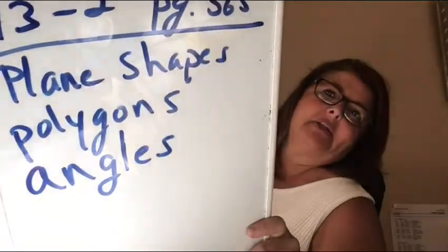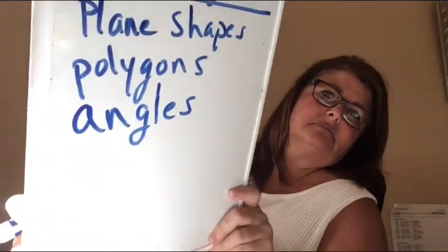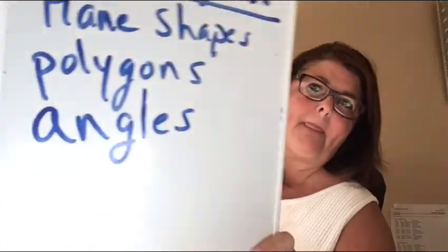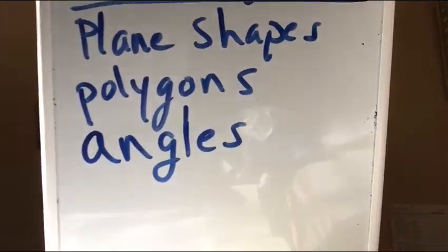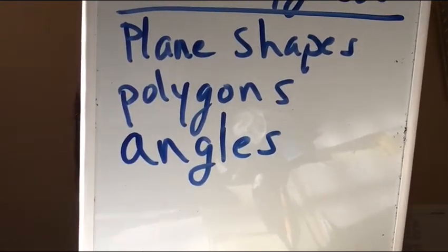See my word polygon? So, on the top of your page, a closed plane shape with 3 or more sides is called a polygon.